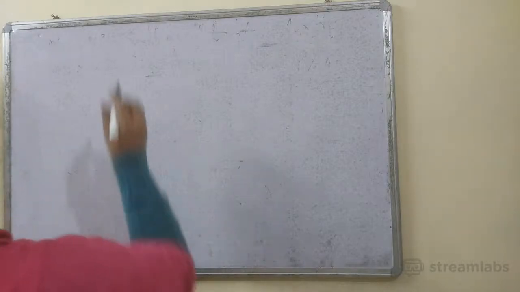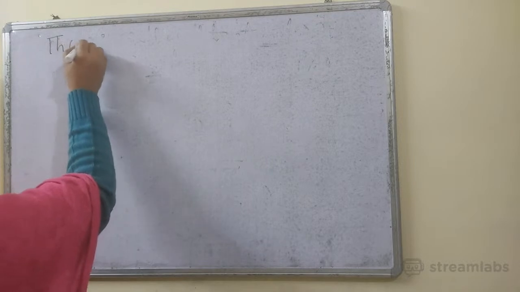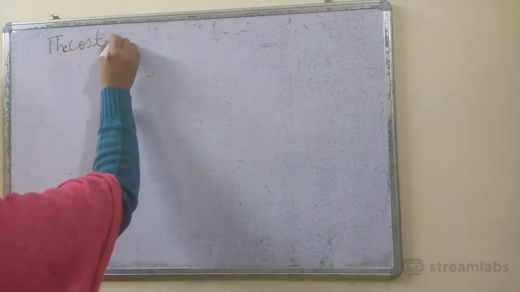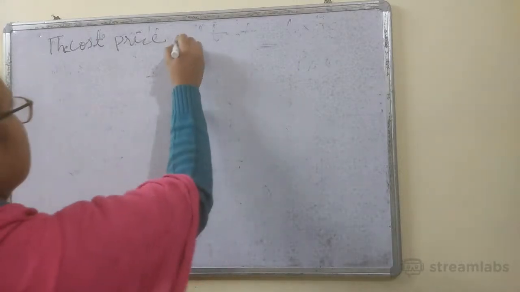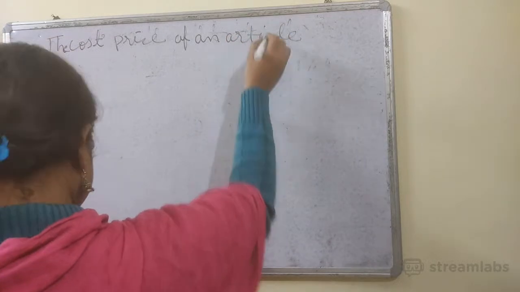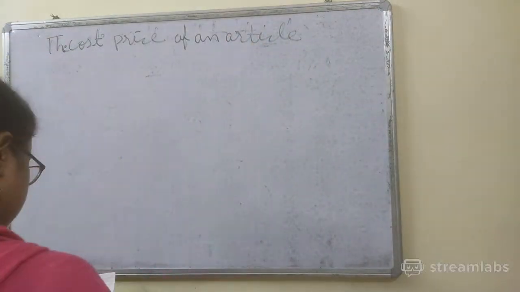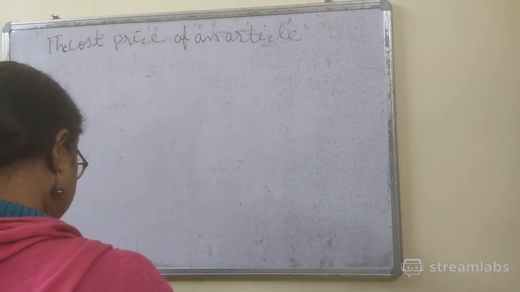Now next, the cost price of an article is rupees 200.